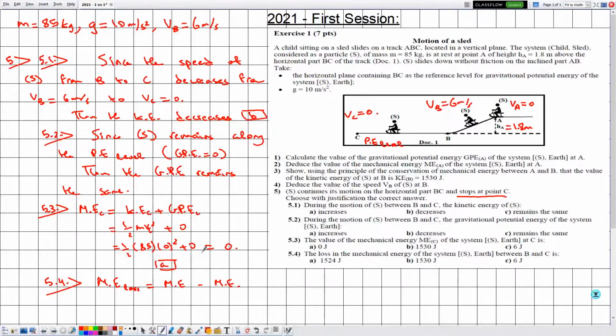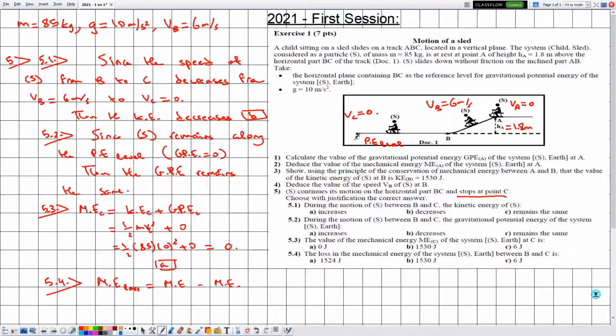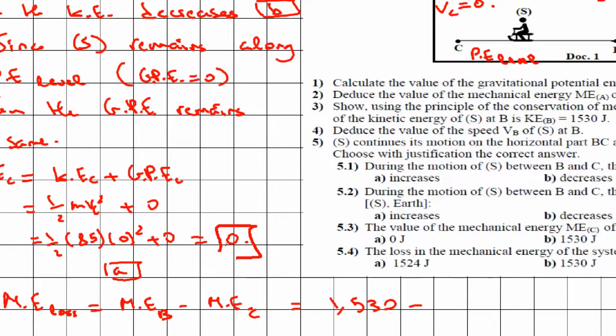Now here S is moving from B to C, so this is the initial point and this is the final point. What does the initial point represent? It is the first point passing through, which is the point B, and C is the final point, so this is B and this is C. Previously we have determined the mechanical energy at the point B and it's found to be 1530 joules, minus the mechanical energy at the point C, which is calculated to be 0.